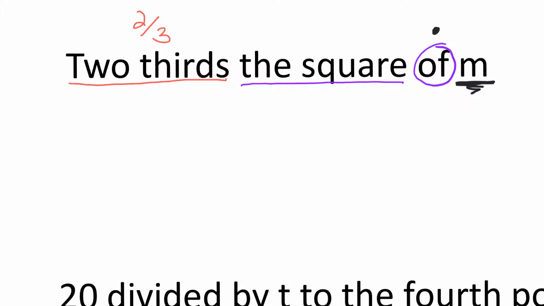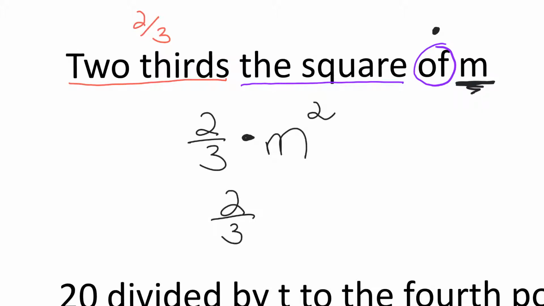You're just going to keep it as it is. And I'm going to start with the fraction. I have 2/3 times the square of m. And I am multiplying one more time because it says "of." So here, I'm going to put the variable m with the square on the top. So there's your exponent of 2. We don't need that times in the middle. So we put 2 over 3 m squared.